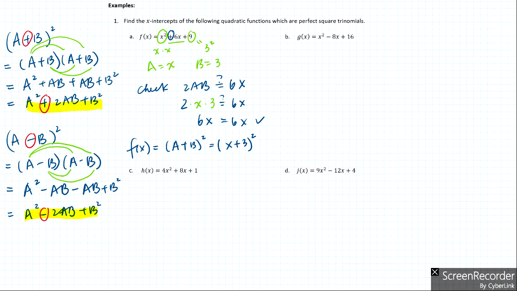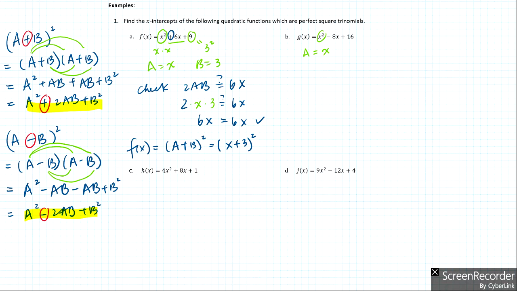Now if we want to look at a different problem where we have the function g, the first thing you want to notice again is the first term, x squared, is a perfect square. That tells me if I want to match it with a perfect square trinomial, I need the first term to be a squared. So a has to be equal to x.